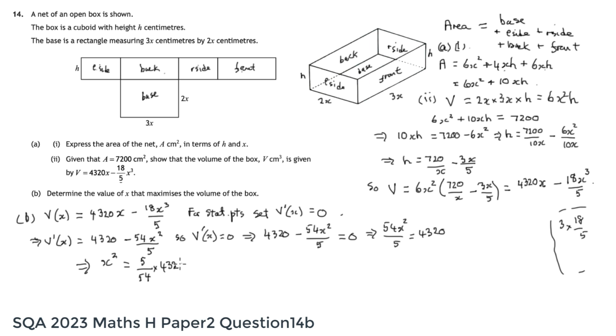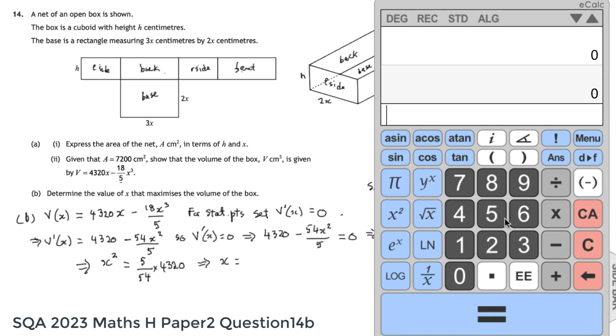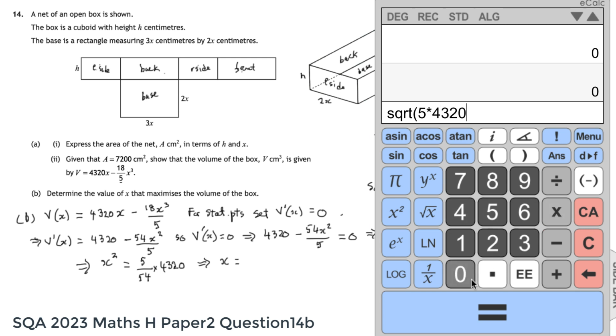And to get x, let's take the square root. So what is the square root of that? Well, we might as well use our calculator because we're in paper 2. So we'll take the square root of 5 times 4320 divided by 54.